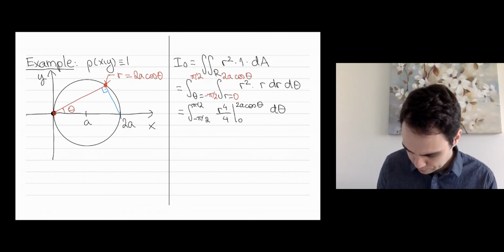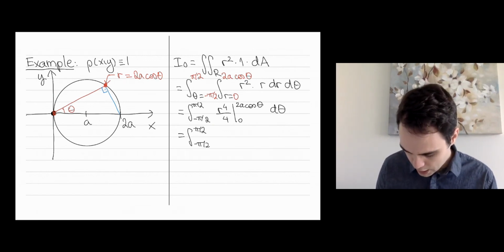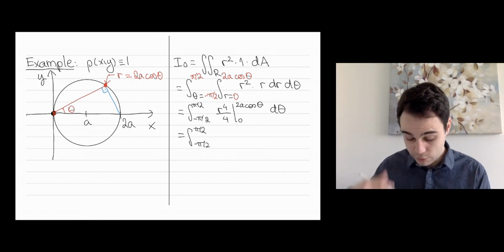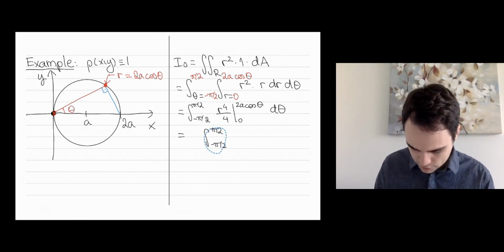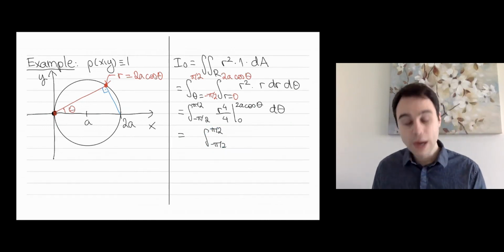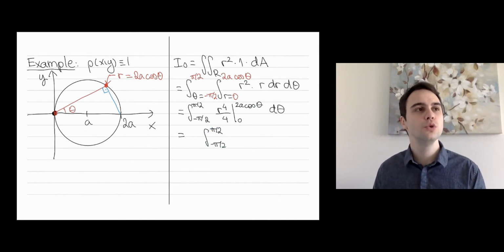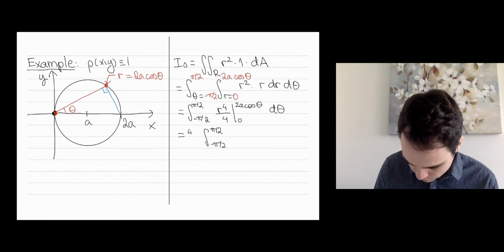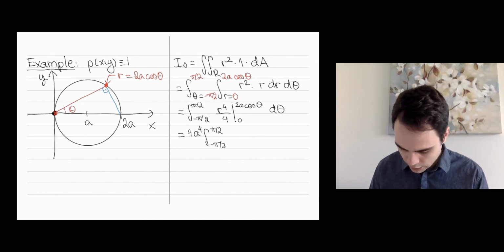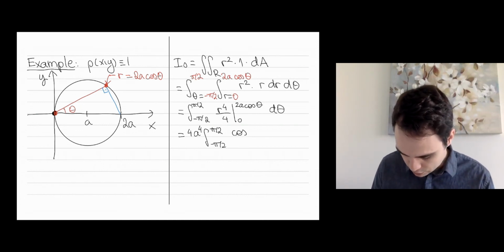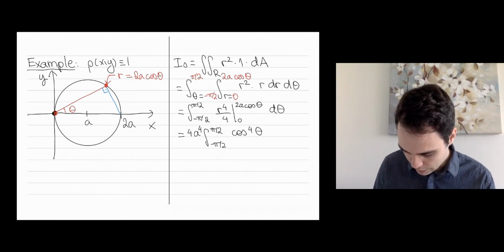Times d theta. So that's the integral from minus pi over 2 to pi over 2 of 2a to the 4th power. Okay, let me bring out the constants. So I have a quarter and 2a to the 4th power. So 2 to the 4th power is 16 over 4, that's 4, times a to the 4th power, and then multiply by the integral of cosine to the 4th power d theta.